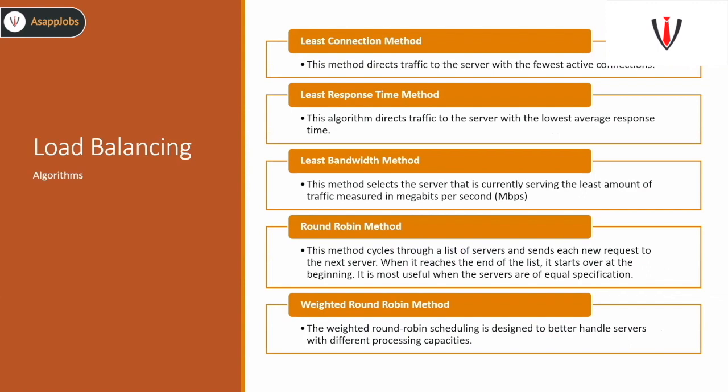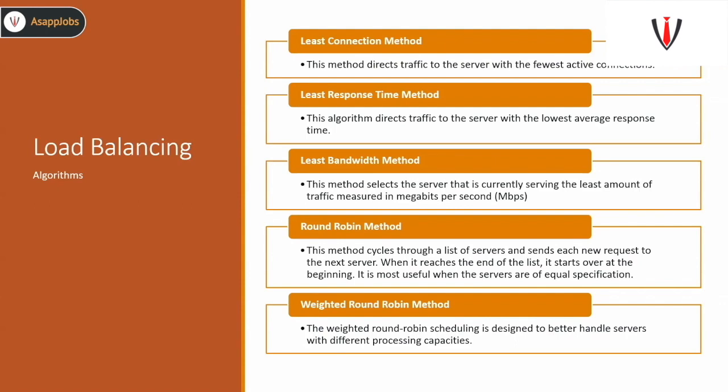Or the server that is currently serving the least amount of traffic measured, right? Least bandwidth, maybe I should route it there. So again, when you're talking about systems, what you want to do is make sure what algorithm makes sense in that specific problem. We'll go through one problem as an example. But it's good to know all these algorithms that exist so that you can talk about them, right? And then of course there is round robin, like folks spoke on the call.